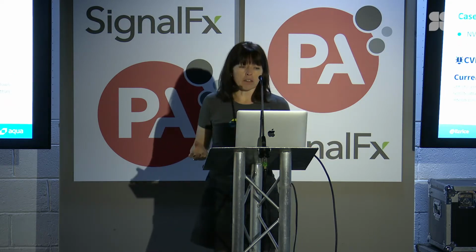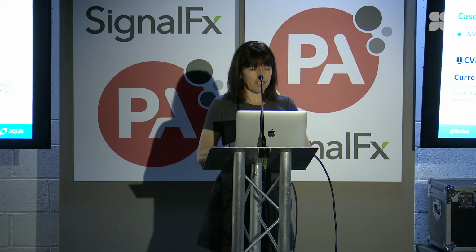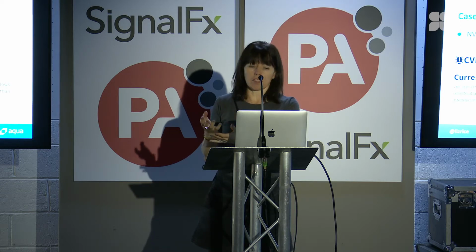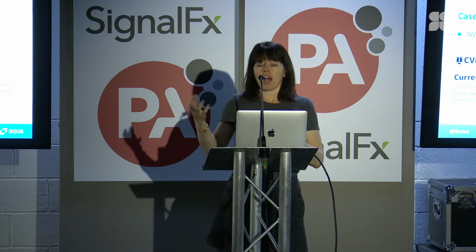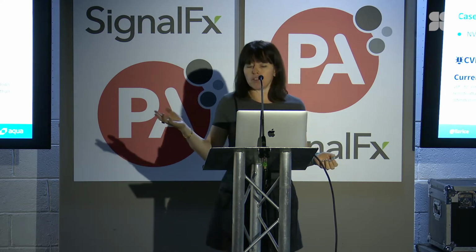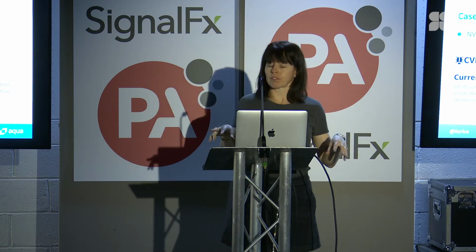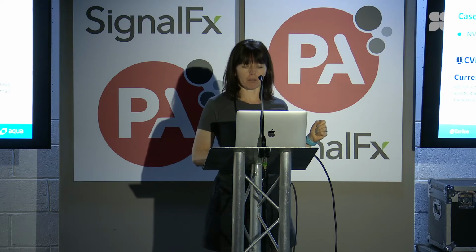So as an example, this is just a kind of random vulnerability that I found. This particular vulnerability existed in a cache called Varnish between version 4 and 5.2. That's what NVD knows about. So anything between 4.0 and 5.2 was affected by this vulnerability.